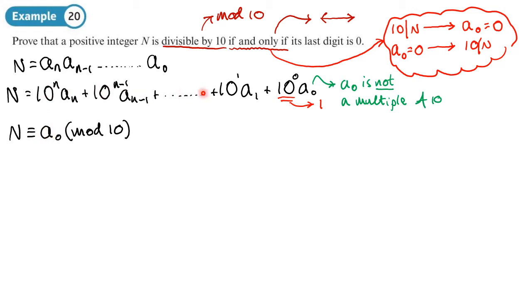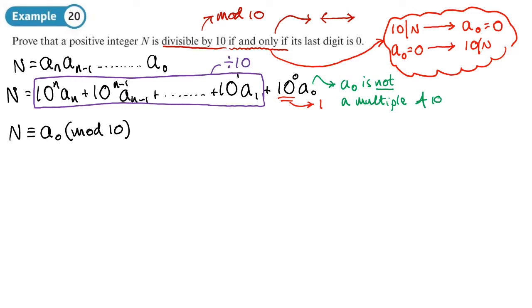All of these terms are divisible by 10 because they're all multiples of 10. And the sum of all of these multiples of 10 can all be divided by 10. So all of these terms here, the sum of those can be divided by 10. The last term can't. Right, so this positive integer written in mod 10 is just going to be the last digit, a0.